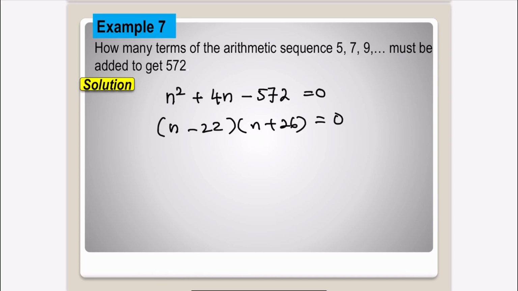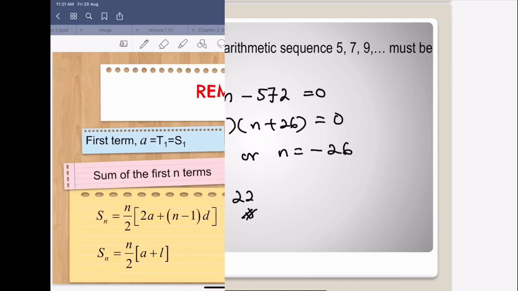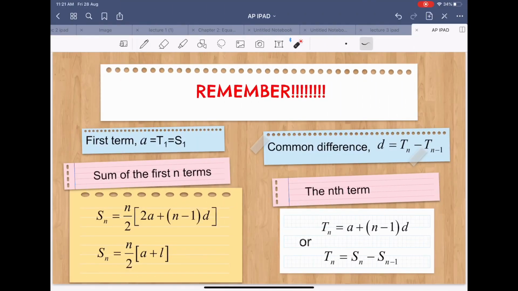Thus you will get n equals 22 or n equals negative 26. Since n is how many terms, we need to take the positive value. Therefore, n equals 22. So these are all the formulas that you can use in arithmetic progression.